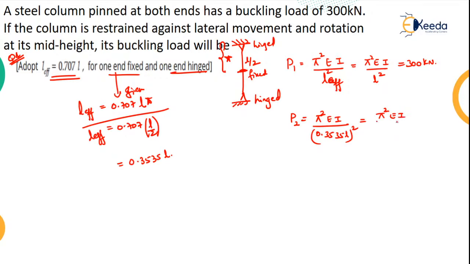Pi square EI by 0.3535 whole square into L square.